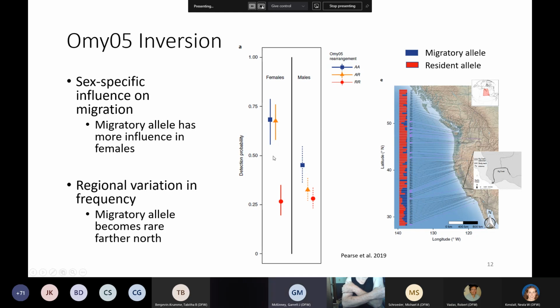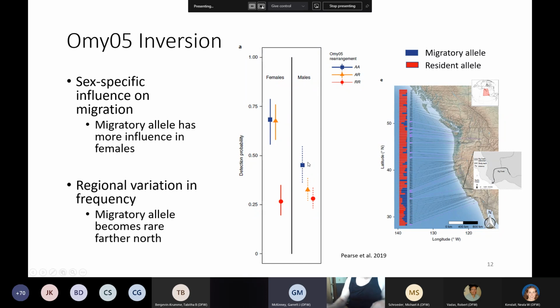And so with these steelhead, when looking at the females, individuals that were either homozygous or heterozygous for the migratory form, about 70% of those females migrated. And in contrast, if they were homozygous for the resident form, only a little over 25% migrated. So a pretty big effect in females, while in males there's a much smaller difference for each of the genotypes.